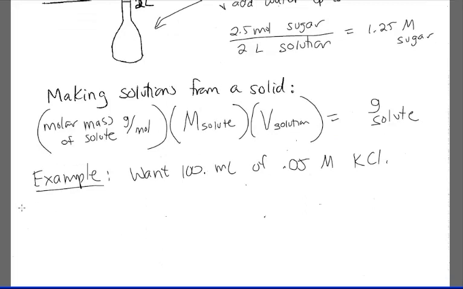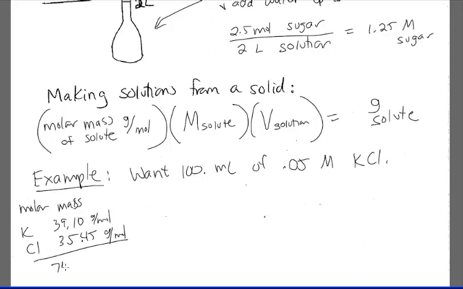Well, we first figure out the molar mass of KCl, which is, for potassium, 39.10 grams per mole, and for chlorine, 35.45 grams per mole. So our molar mass is 74.55 grams per mole. All right, we use that number for the molar mass.